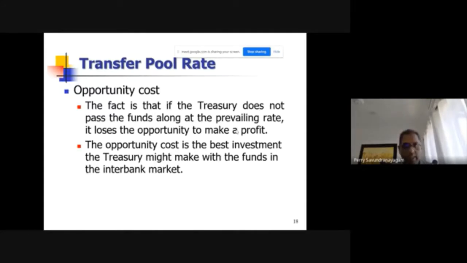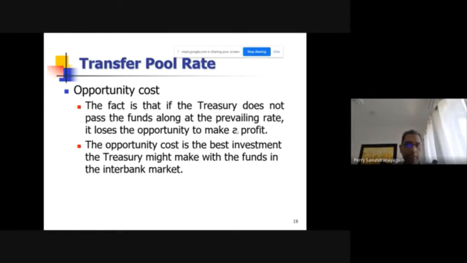Okay, so this is coming back to that example I gave you on the Treasury bills and the corporate banking loan. If the Treasury does not pass the funds along, it loses the opportunity to make.